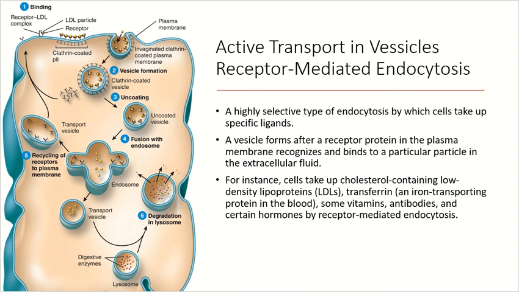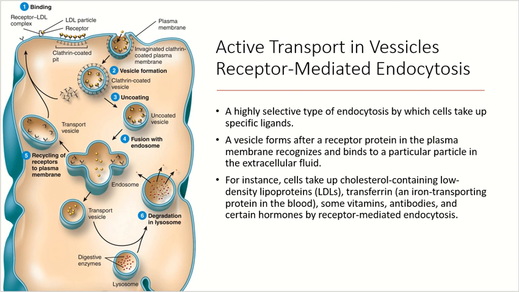For instance, in this particular case, cells are going to take up cholesterol-containing low-density lipoproteins, or LDLs. Then transferrin, an iron-transporting protein in the blood, as well as some vitamins, antibodies, and certain hormones. All of this is done by receptor-mediated endocytosis, and it's all going to involve the formation of these little vesicles.